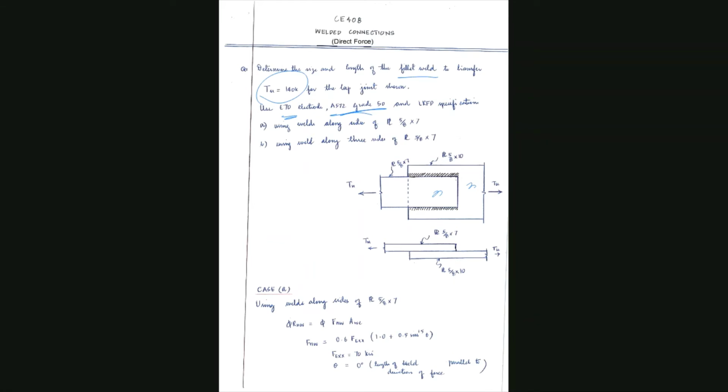The first configuration is using welds along the opposite sides. What I mean is we're just using weld on these opposite sides. We don't use the weld here for the first example, and for the second example use welds on all three sides.